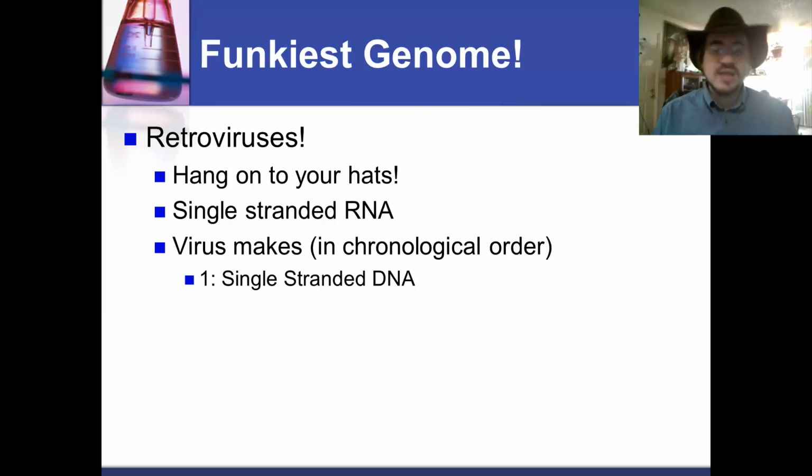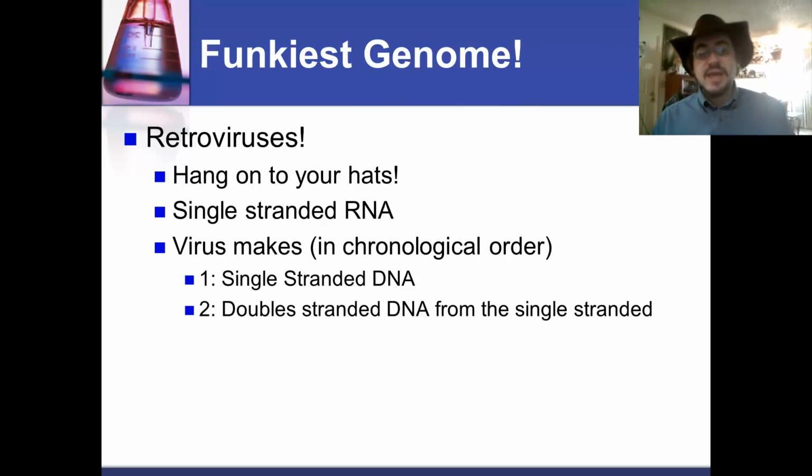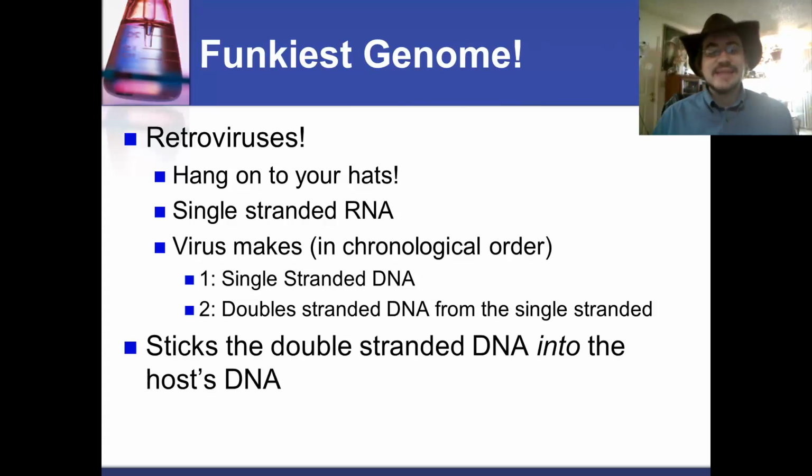But it's not done yet, because then it makes double-stranded DNA from the single-stranded DNA. And then it does something absolutely nuts. It sticks its double-stranded viral DNA into the host's DNA so that infected cells now permanently have viral DNA in them.